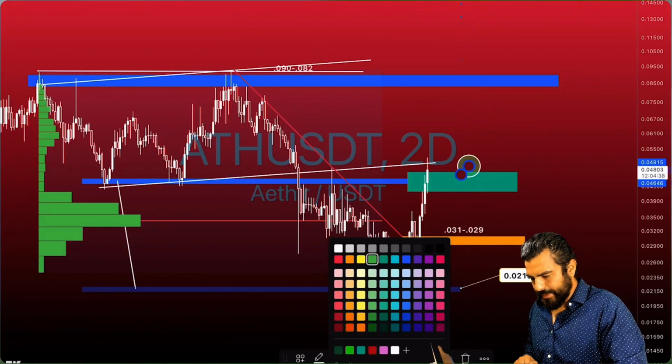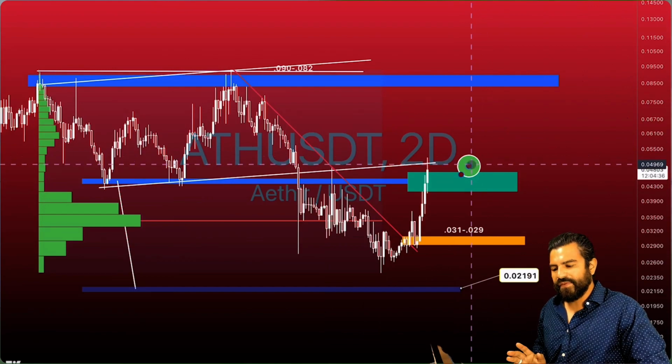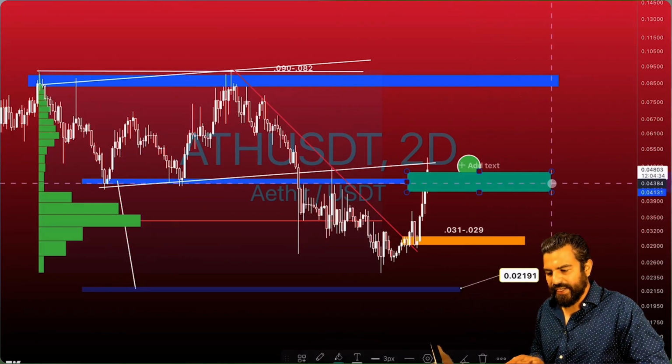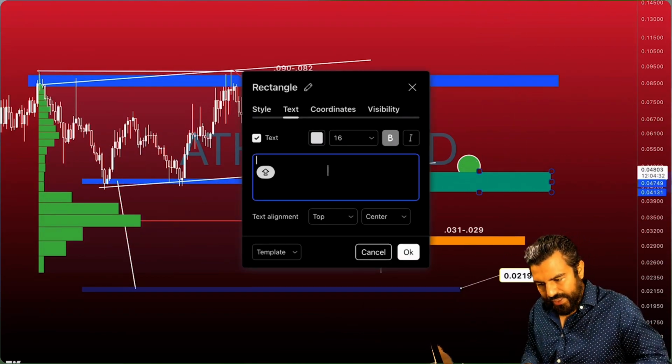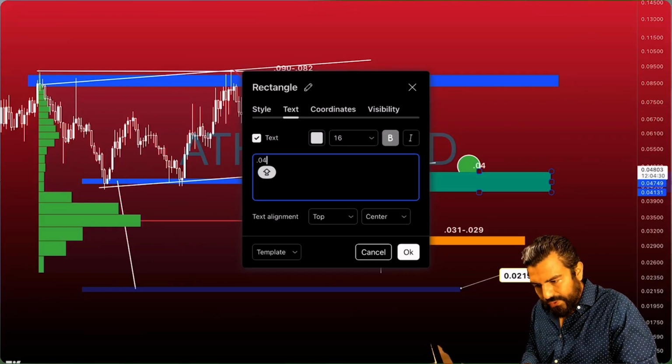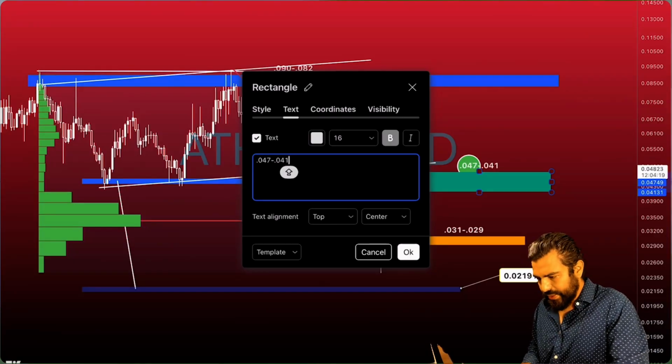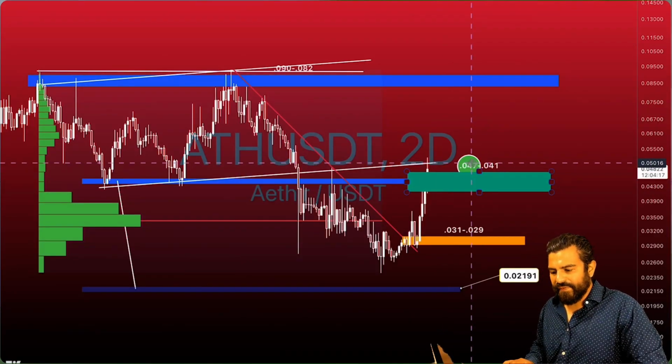Bring that color back in. If I can build above this range of prices, then I have a chance. So let me give you those prices for the target, 0.048 to 0.047 to 0.041.